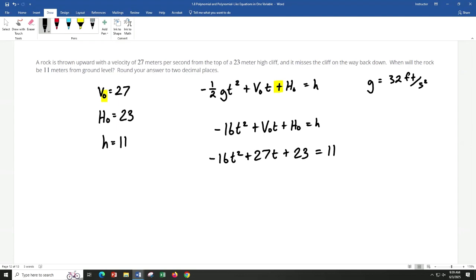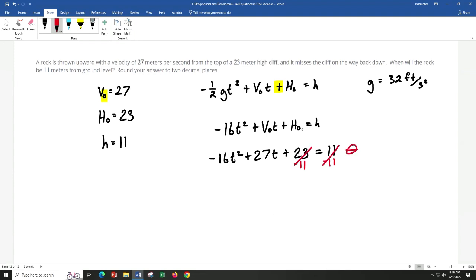We should all know that this thing is not equal to 0 though, because even though they did say, hey, when h is equal to 11, you know, because you're solving a quadratic, what does it have to equal? 0, so you got to get that constant on the other side. So let's go ahead and subtract off the 11 from both sides. That's going to go to 0.